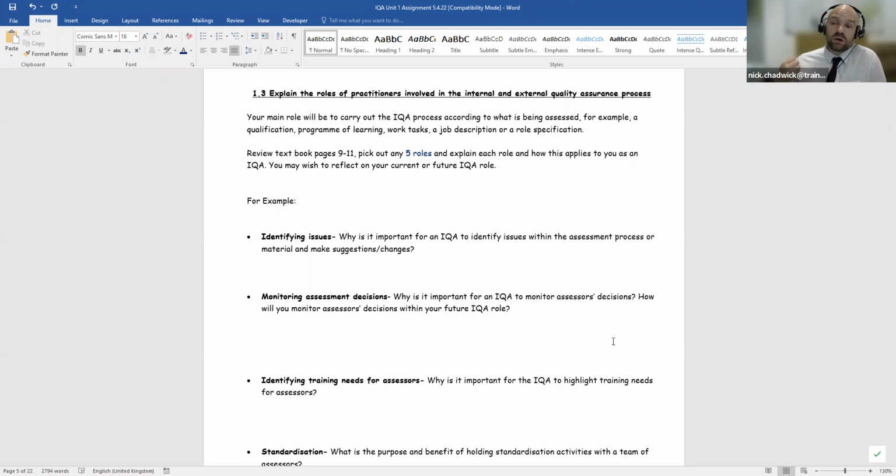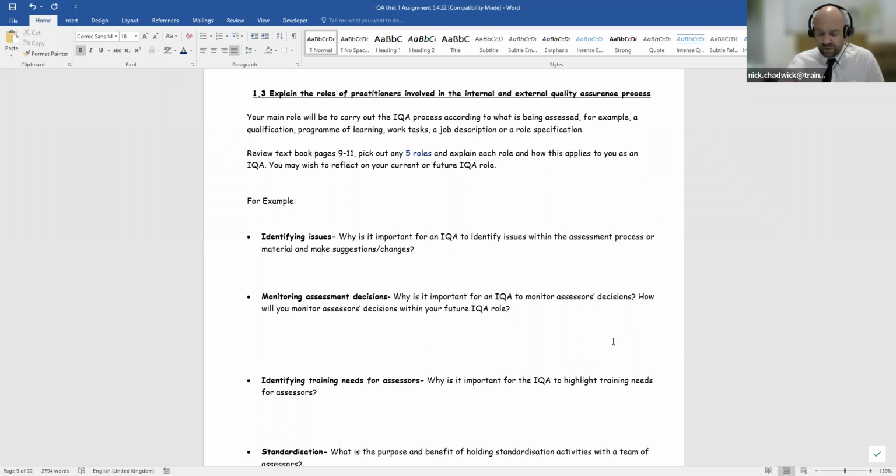A good hallmark of an IQA is to constantly check that your program is fit for purpose and that you're using the latest standards and criteria as provided by the awarding body.